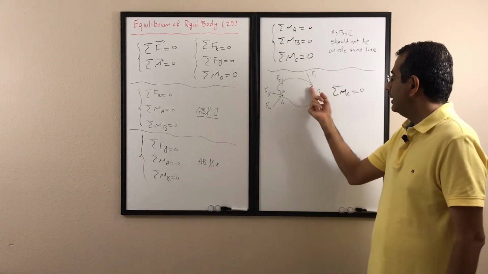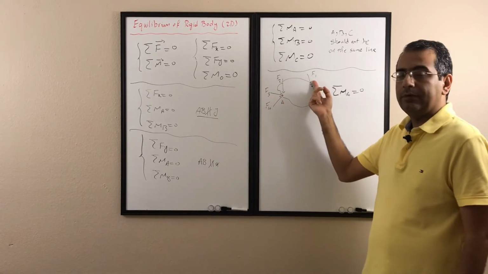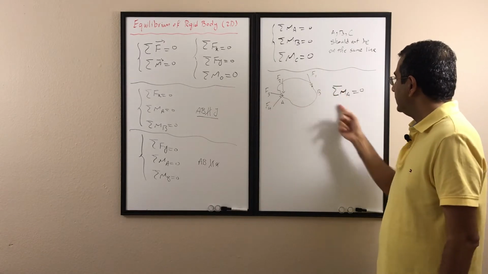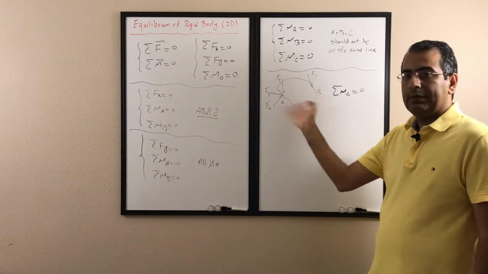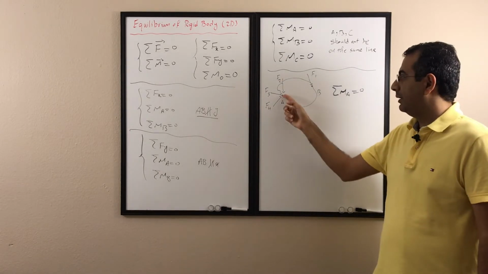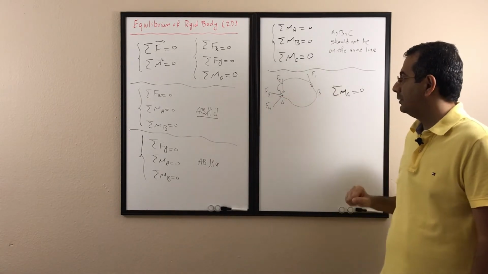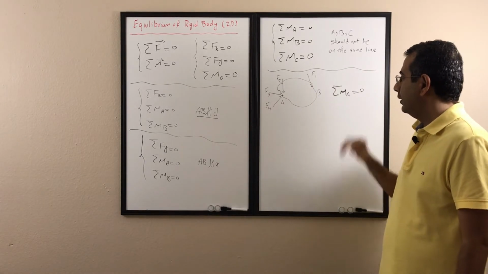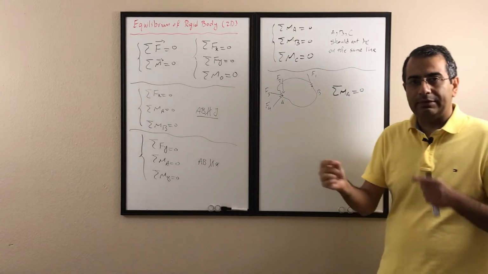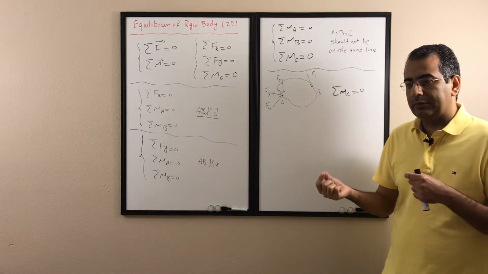The only force that has a moment about point A is F1. So if I write sigma M about point A, F2, F3, and F4 are eliminated from my equation because they all pass through that point, and the only one left is F1. So I would most likely come up with a simpler equation.